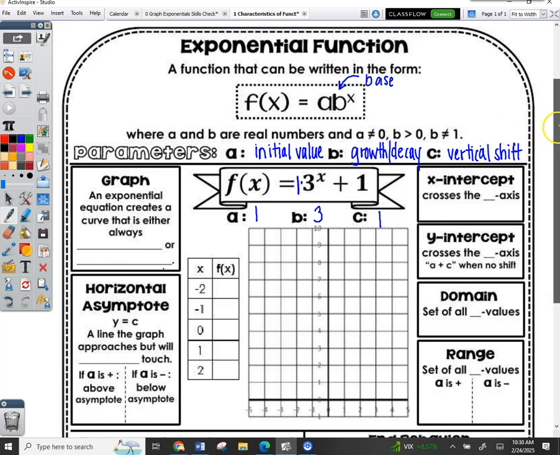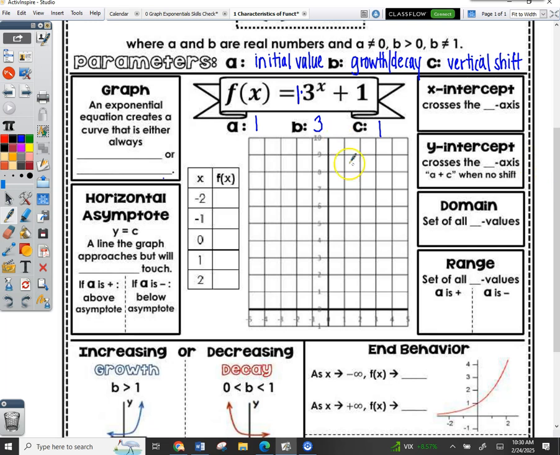Now what I'd like you to do is to go to Delta Math, Desmos, and graph this in Desmos and put it on this paper. When you come over here to give the table, I want them in fraction form. So type it in Desmos.